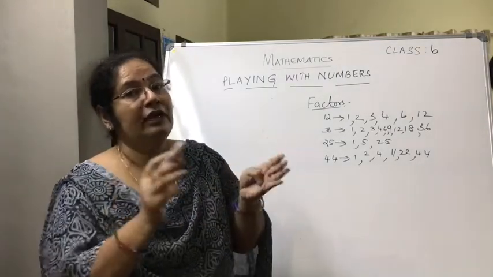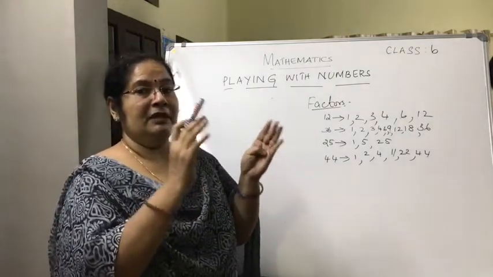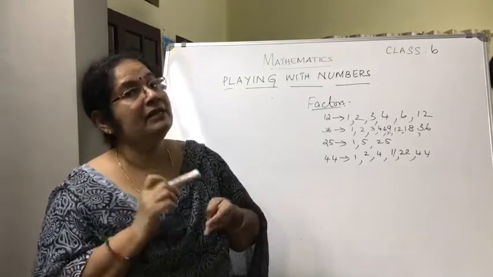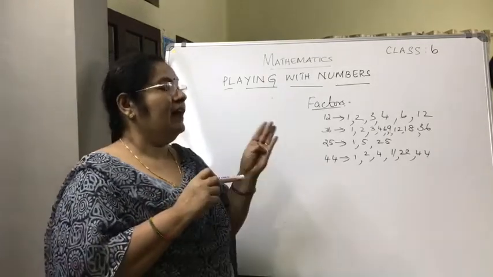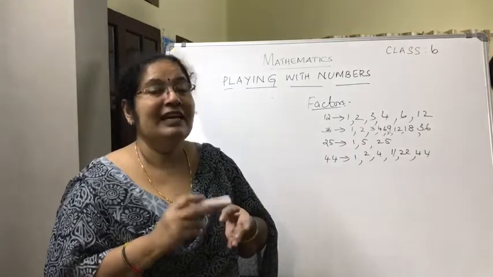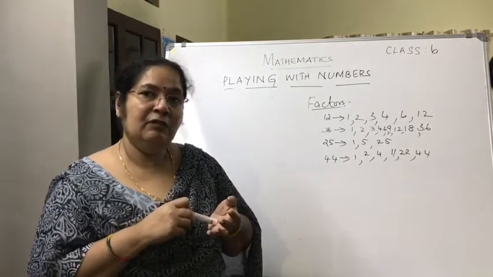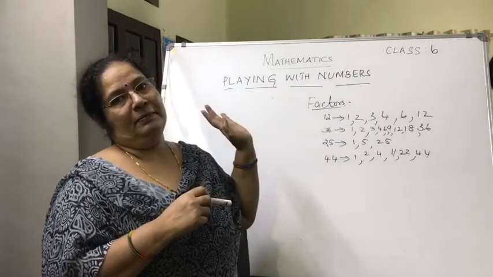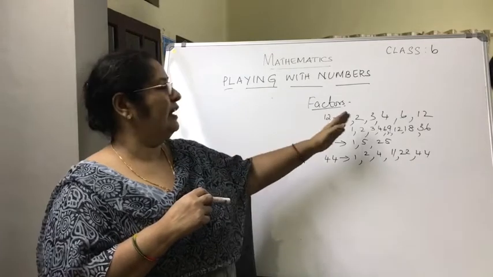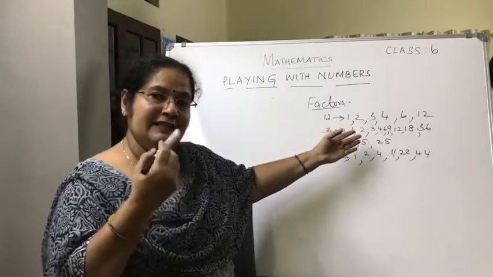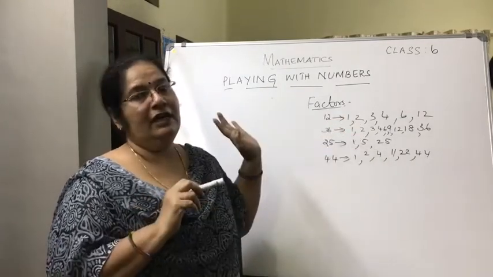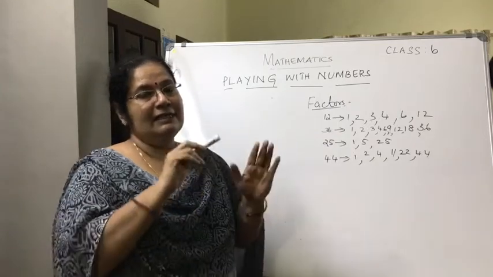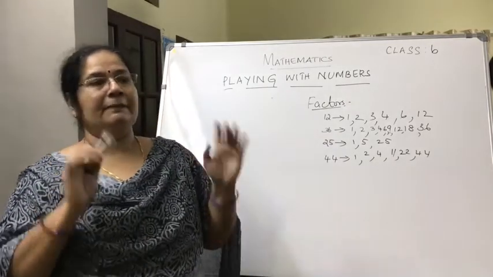That means we have only a particular set of numbers. The number of factors for a given number is finite, and factors of a given number will be less than or equal to the given number. So these are certain things regarding factors.